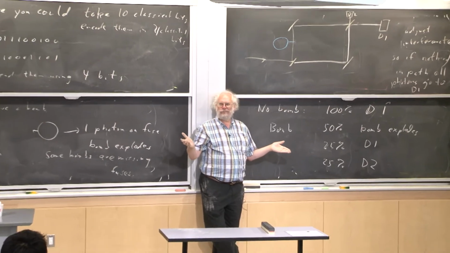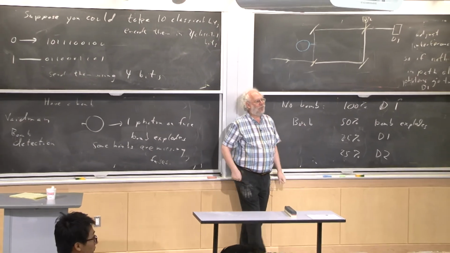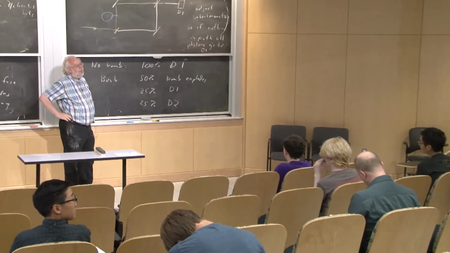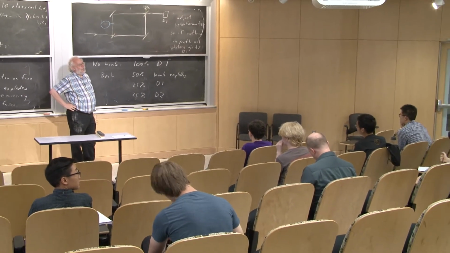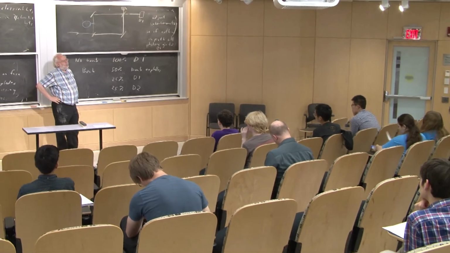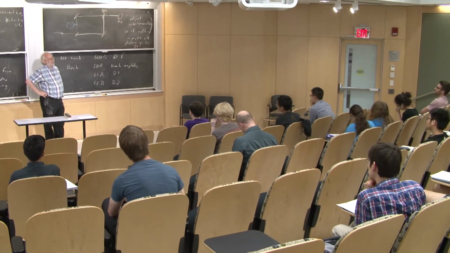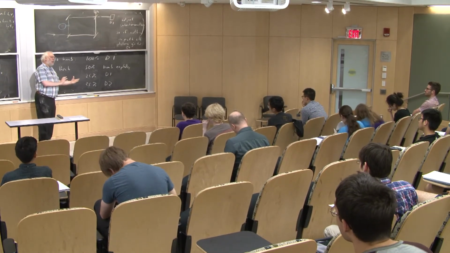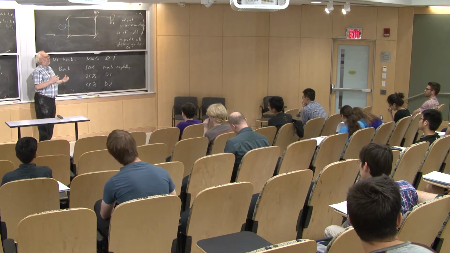Okay, good. Yeah? Can you make this interferometer as complicated as you want, and get whatever probability of the bomb exploding you want? That's right, but you can't set it all the way to 0. There has to be some probability the bomb explodes.